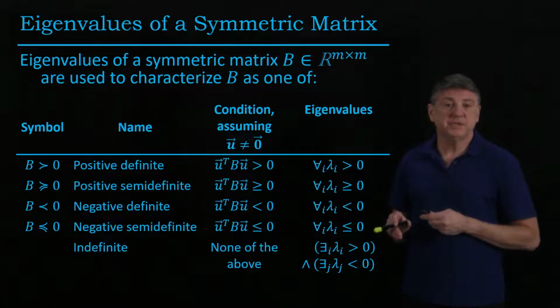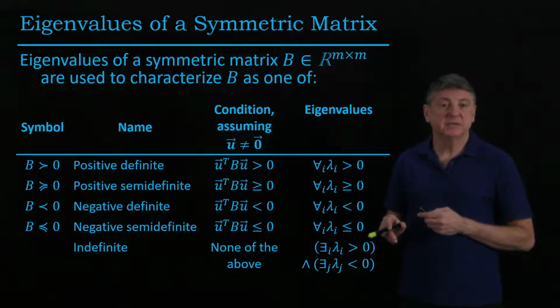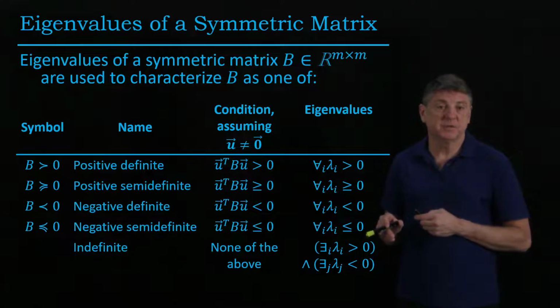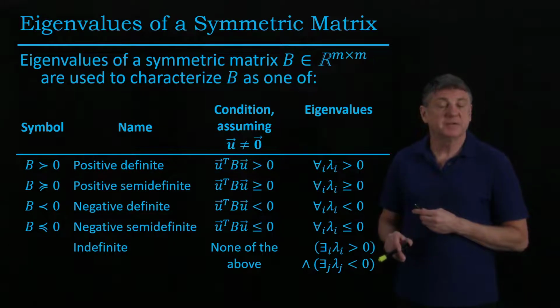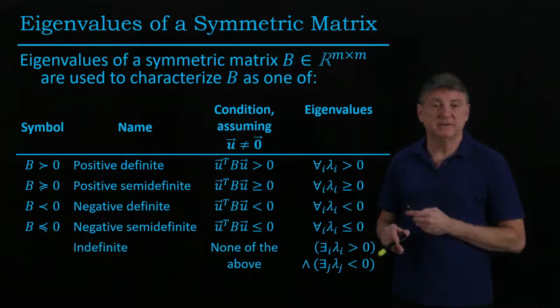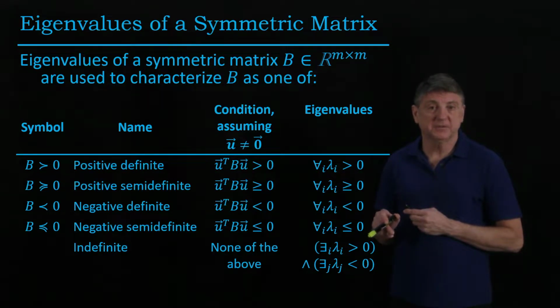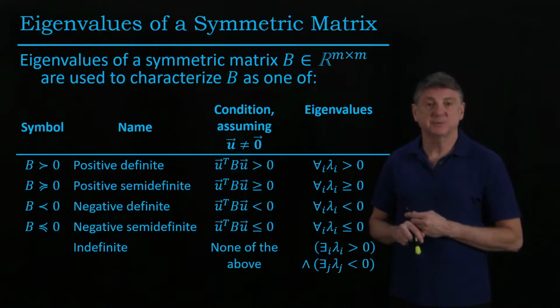And in particular, what that means is there's at least one eigenvalue of an indefinite matrix that's strictly positive, and there's at least one eigenvalue of the indefinite matrix that's strictly negative. If the matrix is larger than 2 by 2, it's possible that 0 is an eigenvalue, but for it to be indefinite, we have to have one eigenvalue strictly greater than 0 and one eigenvalue strictly less than 0.